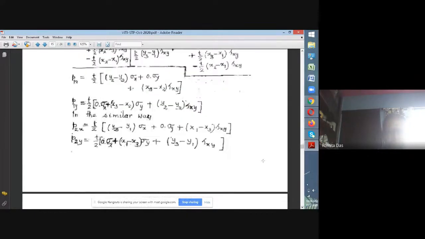Similarly, if we write the other nodes, p2x is going to be given by this expression, p2y is going to be given by this expression. So p1x is the first expression, p1y would be this expression, p2x will be this expression, and then p2y is the last expression. So these are four expressions for the two nodes.